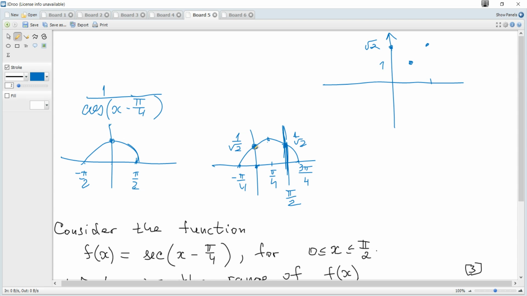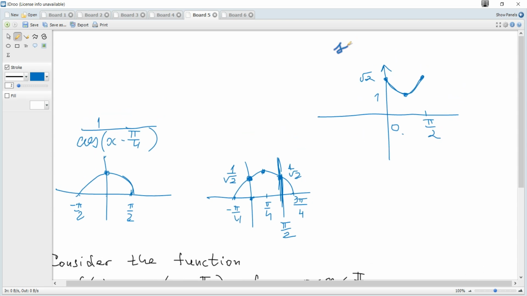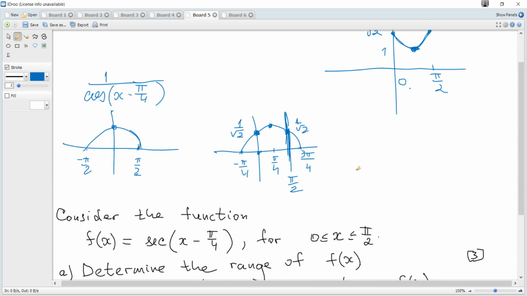Cosine is increasing up to a maximum and then decreasing, so for the reciprocal it's decreasing, then increasing, so it seems to be something like this. And it's clear that this is secant of x minus π/4. It's clear that the range is from 1 to root 2.